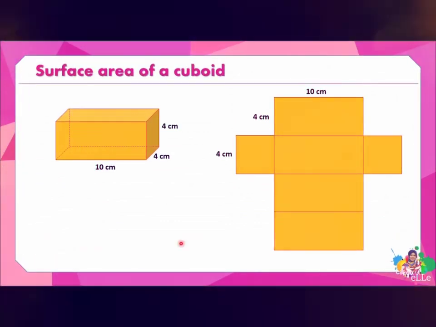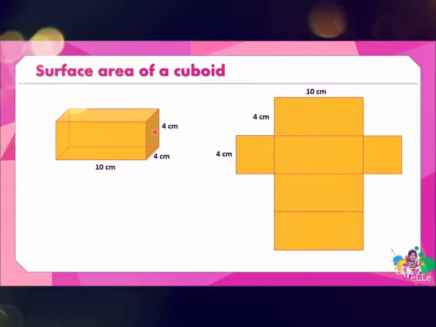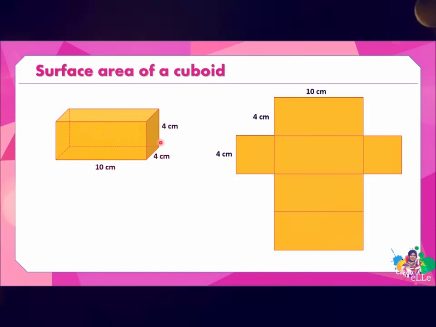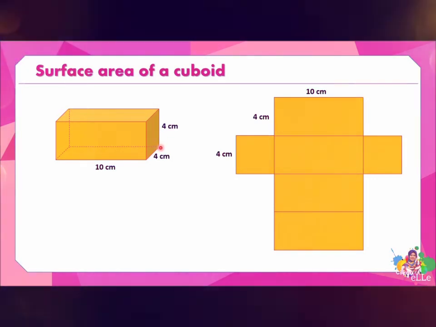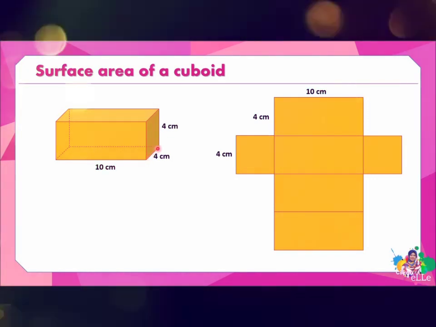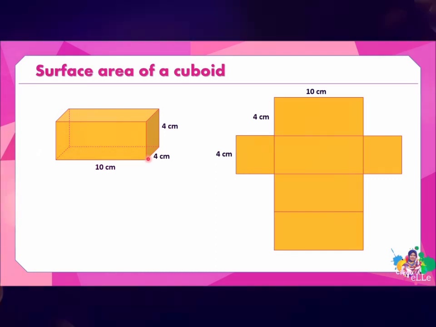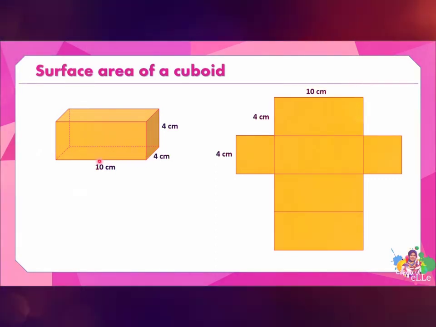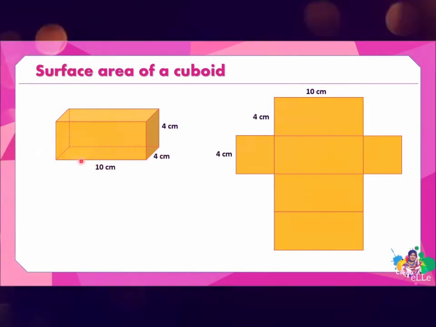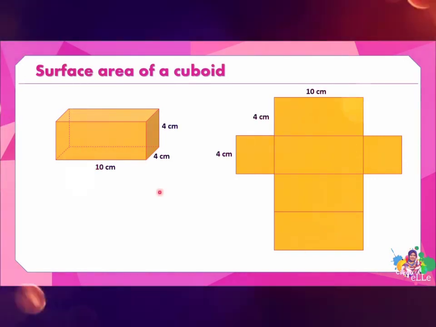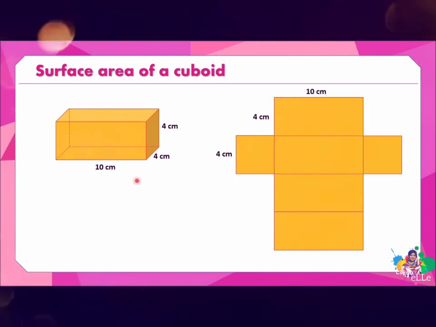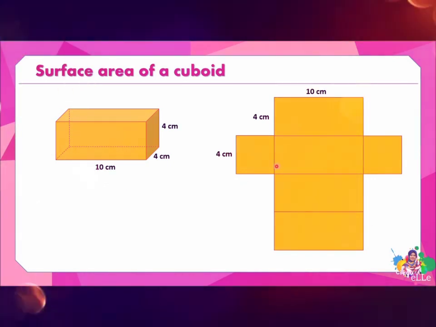Okay, let's look at this example. Given that this height is 4 cm, the base for this side is 4 cm, and the length of this side is 10 cm. So when you lay out this cuboid, you will get this net.